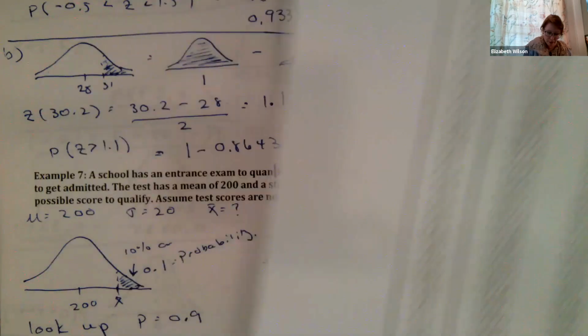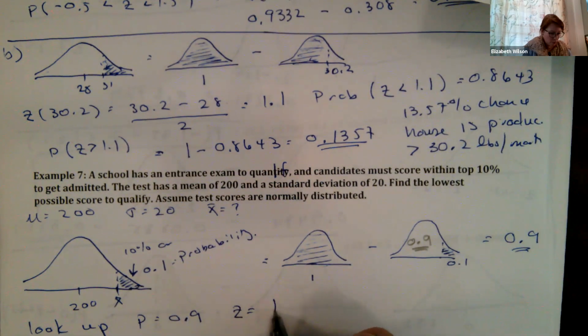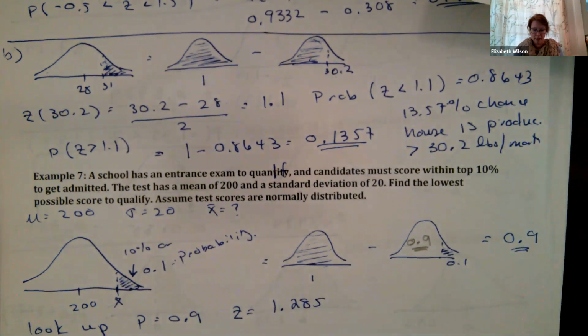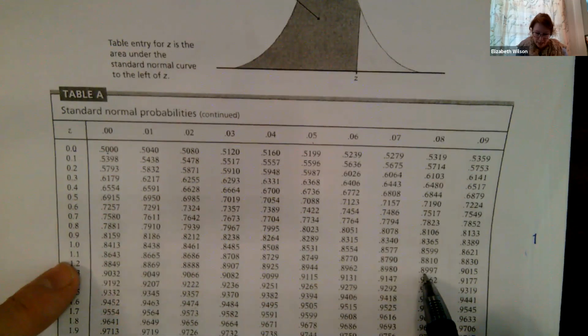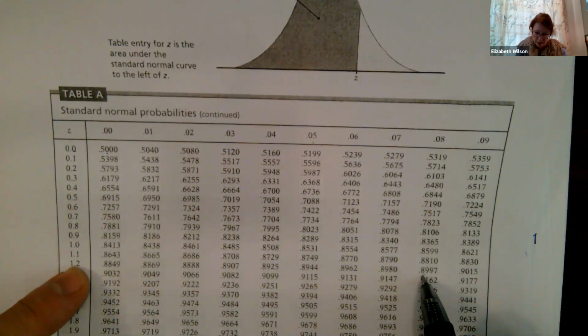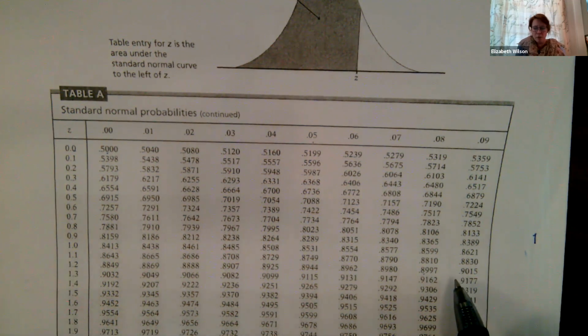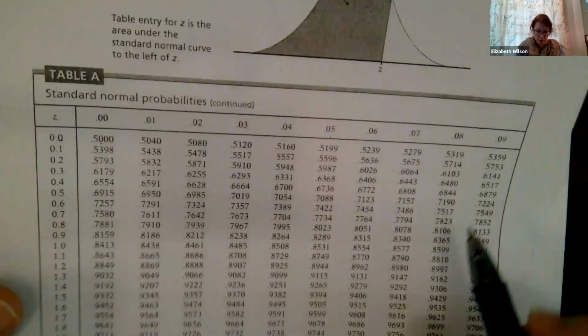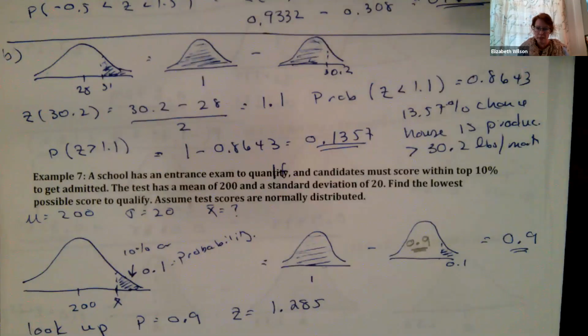So for this, I got 1.285. I did something in between the two, right? Because here 1.28 is 0.8997, 1.29 is 0.9015. One's a little too small, one's a little too big. So if I go 1.285, somewhere in between those two, that's going to be my z value that will give me this. So that's my z value.